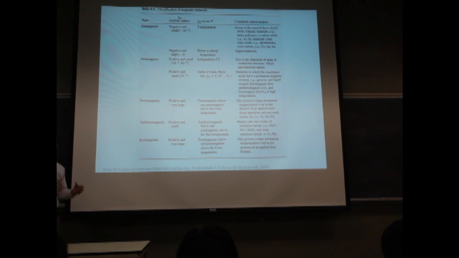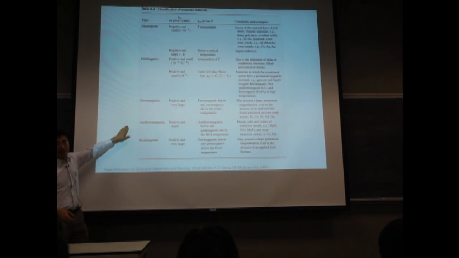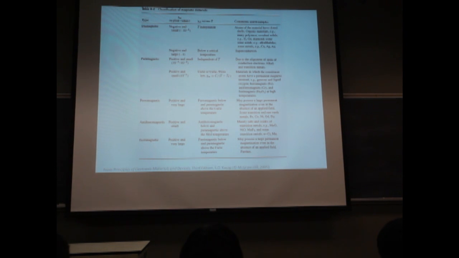Antiferromagnetic is positive but very small. Why? Because the alignment of the atomic magnetic moments is in different directions. Ferrimagnetic lies between antiferromagnetic material and the ferromagnetic material. So it is solely based on the susceptibility.